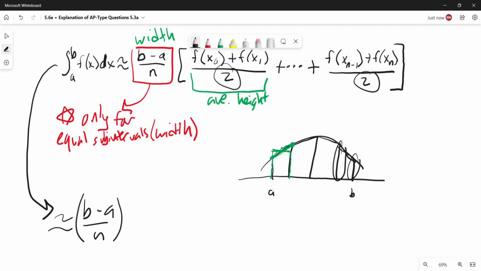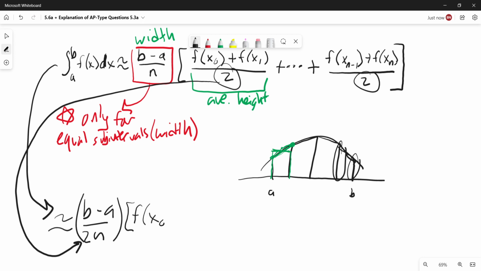So I'm going to factor out the 1/2 and put it up here. That 2 goes away, so then we just have f of x sub 0 plus f of x sub 1.